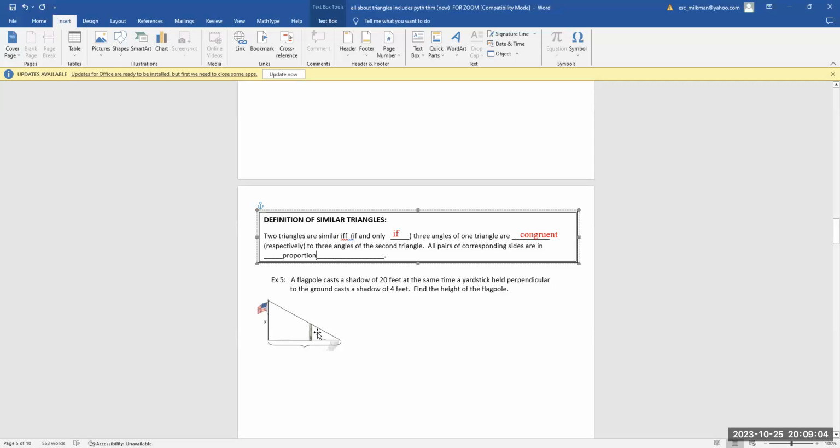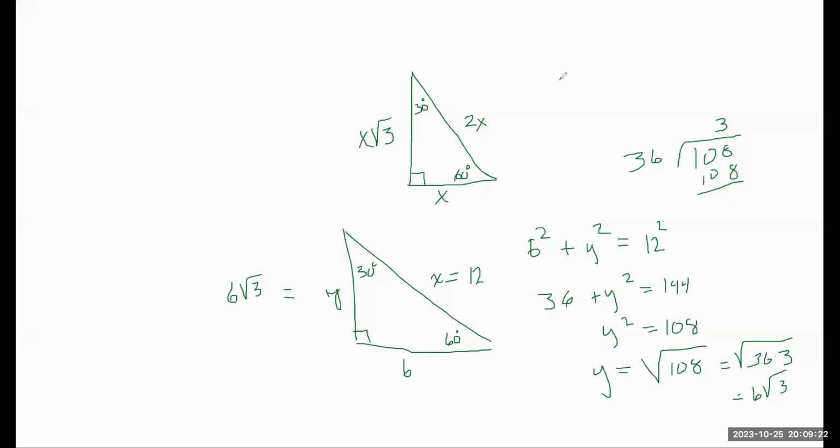I'm going to actually do this problem on the whiteboard instead of on my notes. It's just easier for me to do. What I'm going to do is separate the triangles so you can see them more carefully. This is my flagpole.